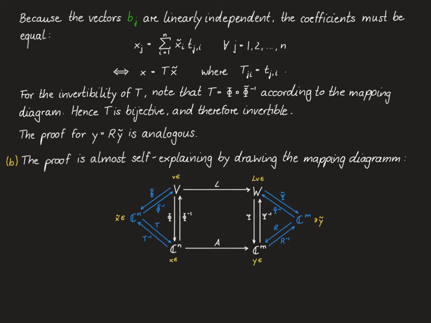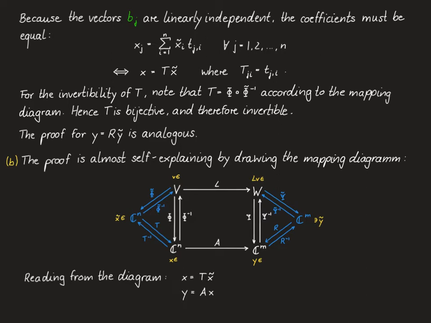Hence, for an arbitrary vector v in the vector space V, it has a representation x tilde in the basis B tilde and a representation x in the basis B, and its image under the map L, Lv, is an element of the space W, which has a representation in the basis C tilde, which is called y tilde, and a representation in the basis C, which is called y.